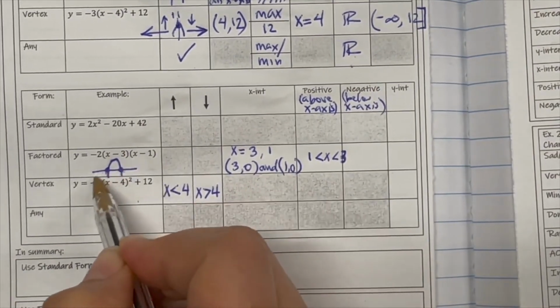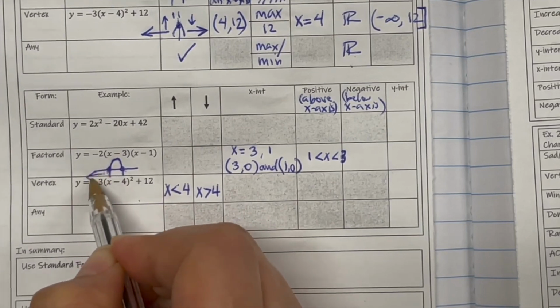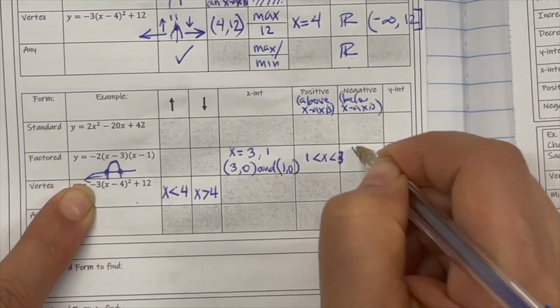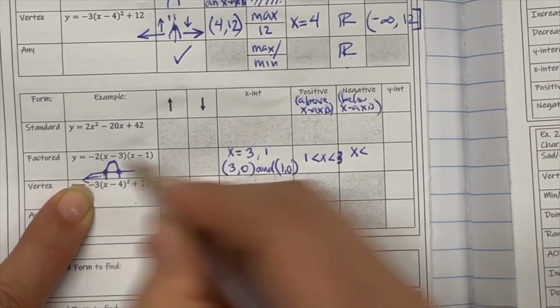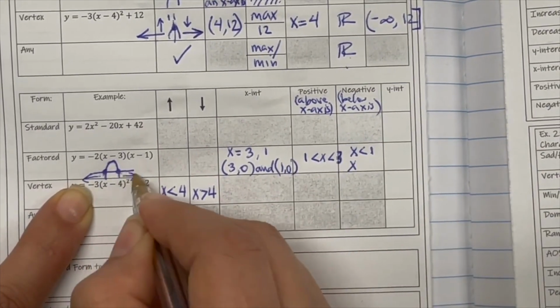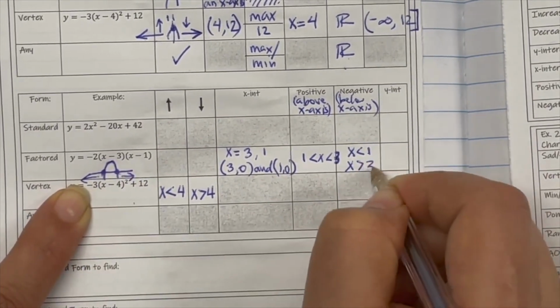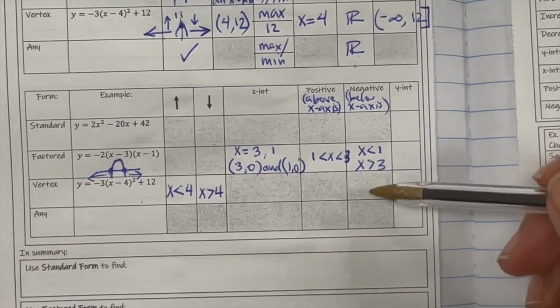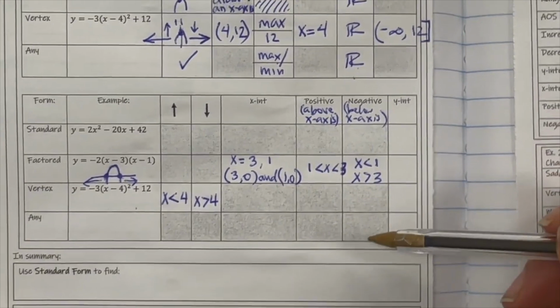So everything to the left of this point, and remember, how do I represent left? Less than. So everything to the left of this point, which is 1, and everything to the right of this point, which is 3. So once you know your x-intercepts, you can say whether it's positive or negative. That's the only one you can tell if you have the x-intercepts.